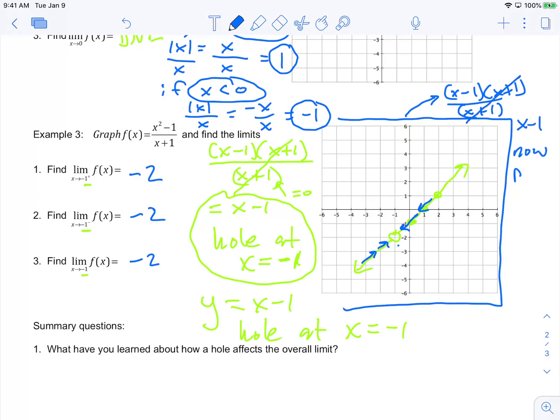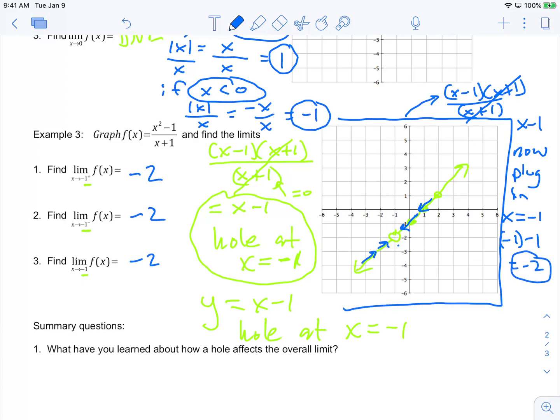Now try plugging in x equals -1. Let me rewrite this. So you plug in x equals -1. You get -1 minus 1, which is equal to -2, and we get the same answer.